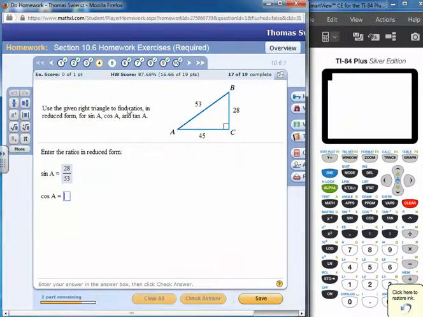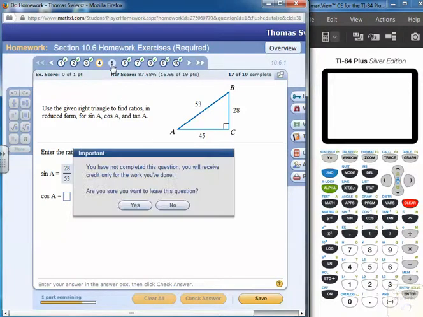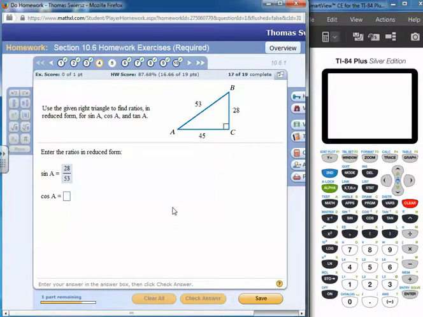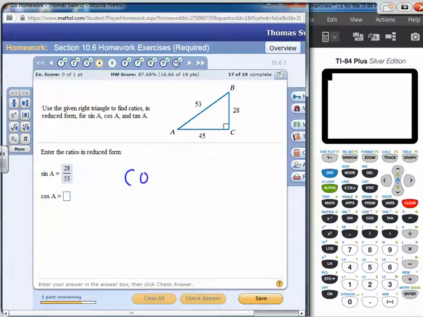All right, very good. And let's do cosine. There's more. Cosine is adjacent over hypotenuse, right? Cosine of angle A would be the side adjacent over the hypotenuse.